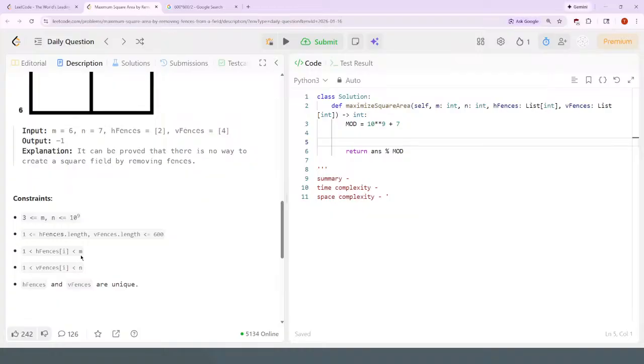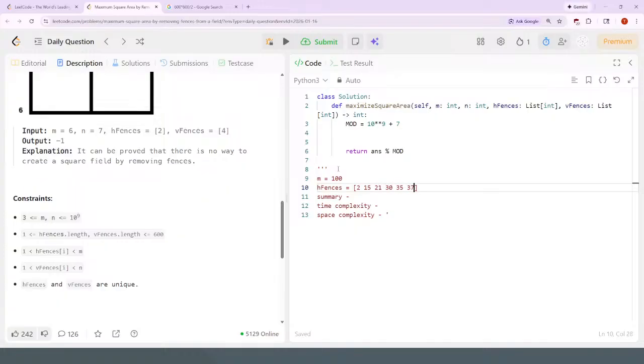Is there another way? So let's say m is 100 and let's say the hFences was some random, I don't know, 2, 15, 21, 30, 35, 37, 41, 80, 90, something like that. It's 8-ish.